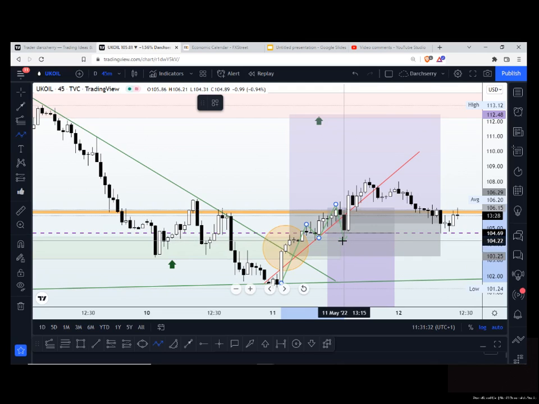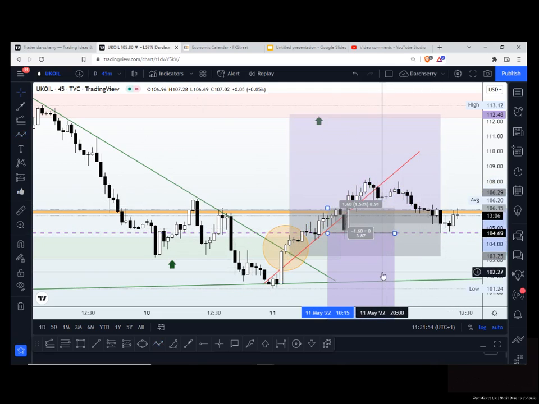We saw a breakdown, then a retest of structure which would be our confirmation, but the retest did not happen as price broke above that trend line to give us probably what looks more like a bullish continuation, but price broke down that structure one more time and came down into this area. So definitely we wouldn't have taken the sell opportunity, so I'll have to delete that right now.